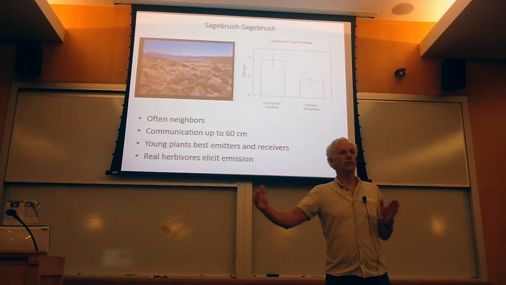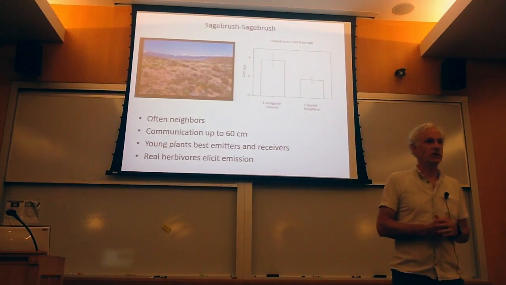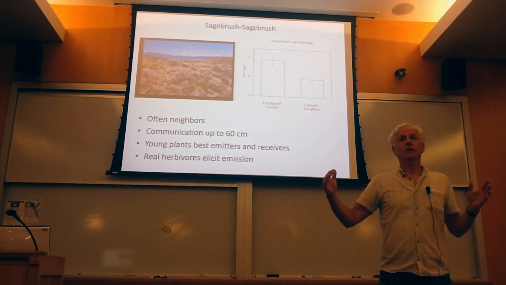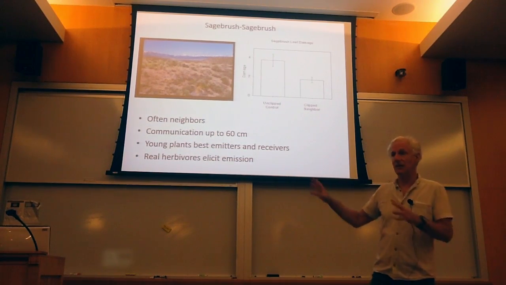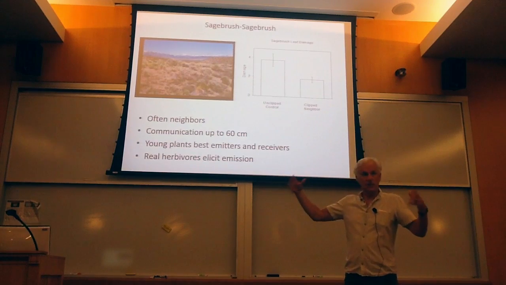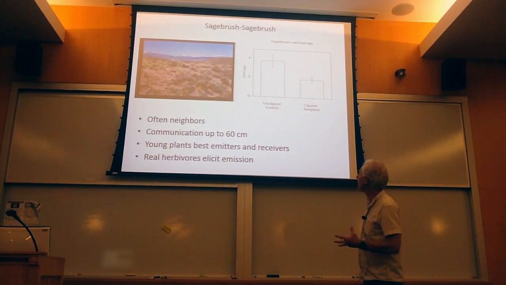And almost all sagebrush plants in the Great Basin have neighboring sagebrush plants that are within 60 centimeters. So this is something that makes some ecological sense, that could possibly happen in the real world.